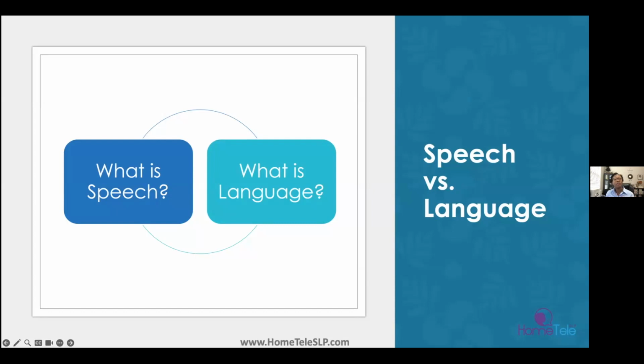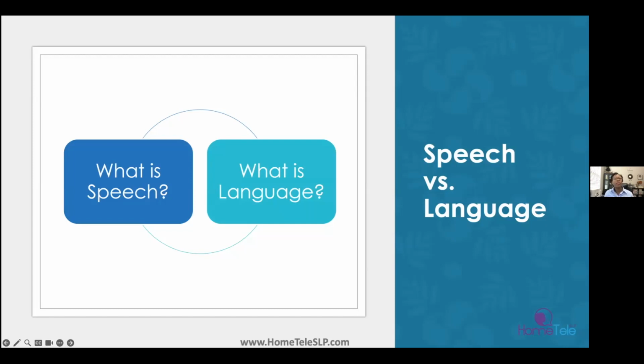Speech differs from language because it is focusing on sound production, for example, how we say sounds. It can also focus on the fluency of words that are spoken by a child. Maybe if they're having disfluent speech and they're stuttering, speech is an area that is being targeted to work on their speech fluency. Another area under the umbrella of speech is voice. If a child has a harsh or raspy voice, perhaps due to allergies or other environmental factors, then their speech is impacted due to that.